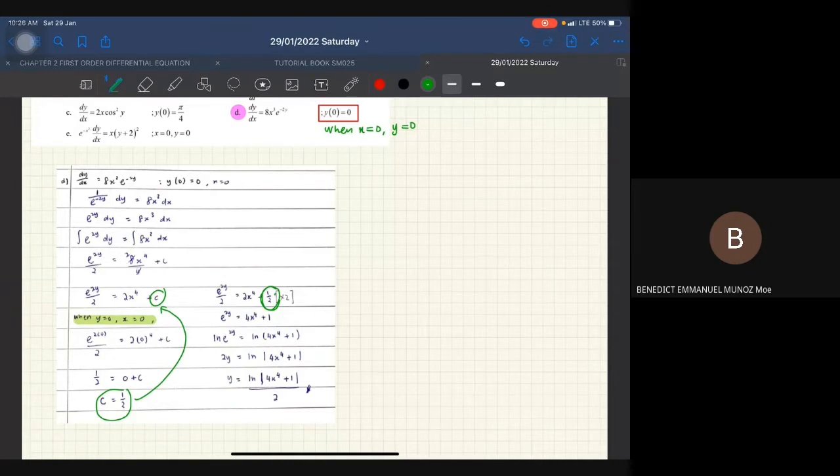Macam yang saya cakap, sebenarnya kita boleh je kalau nak tinggalkan jawapan kita macam ni lah. Yang ni macam cantik sikit kan? Yang ini macam buruk sikit sebab ada 2 kat bawah. Kita simplify, awak dapat macam ni. Kalau awak nak tinggalkan jawapan macam ni, sebenarnya boleh sahaja. No problem at all. Tapi awak boleh biasakan diri awak juga, jadikan y as your subject.